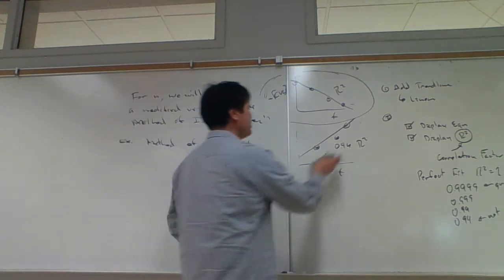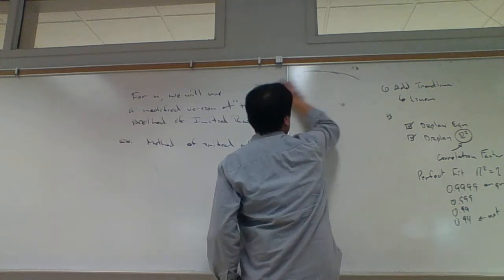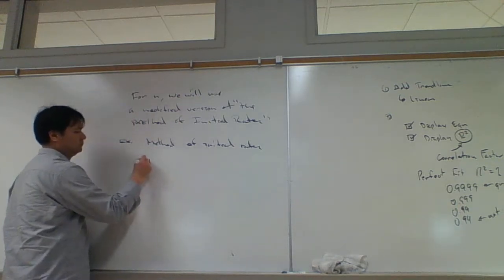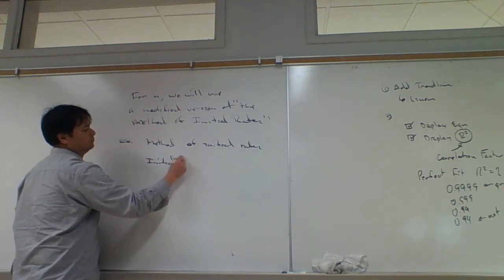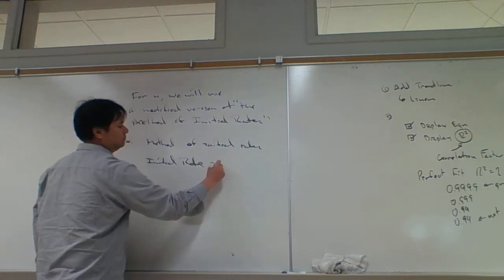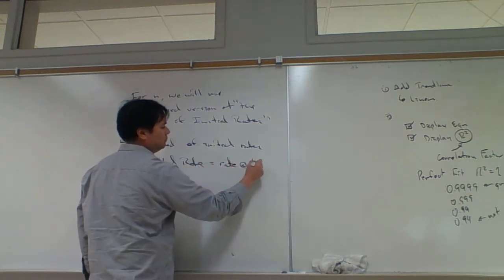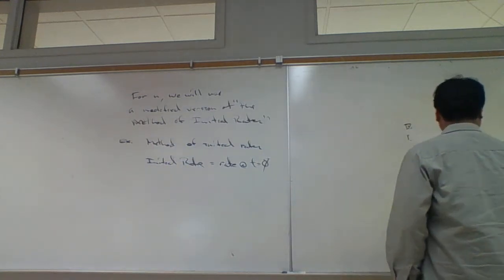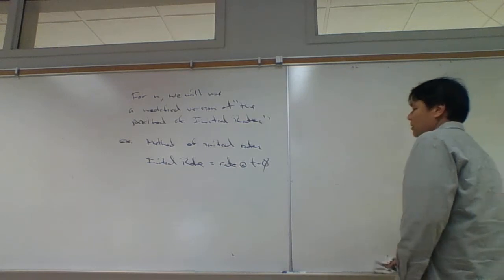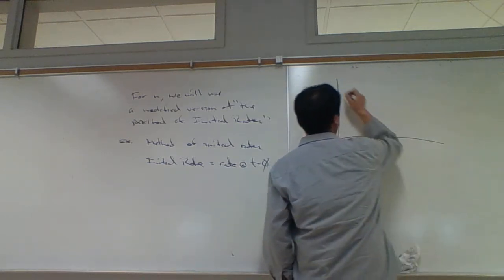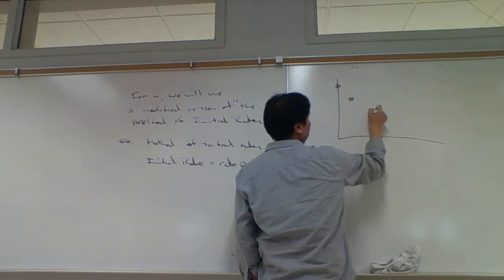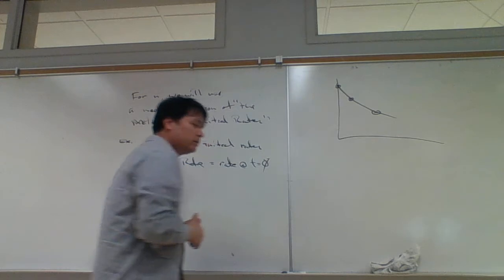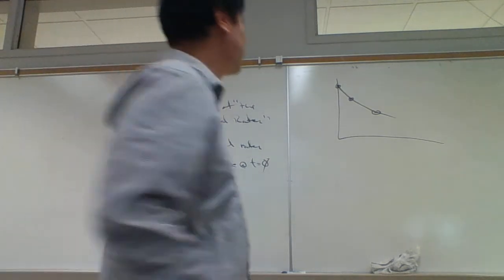Now, first off, what is the initial rate? The initial rate is the rate at time 0. The rate at time 0 we can get from the graph. And so if we have a graph like this, what we'll do is we'll just draw a tangent line at time 0.